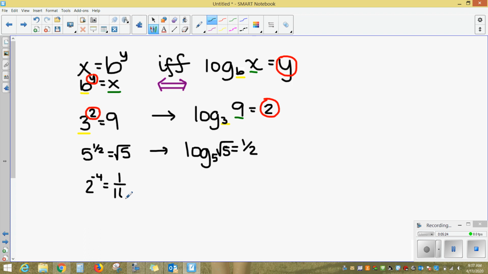Maybe I have 2 to the negative 4 power equals 1 over 16, or 7 squared equals 49. Go ahead and pause the video here in just a minute, write them in their logarithmic forms, and then turn it back on to see if you're right.